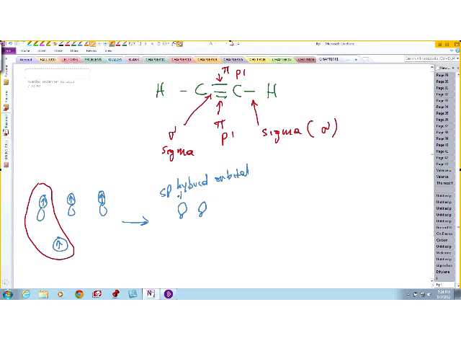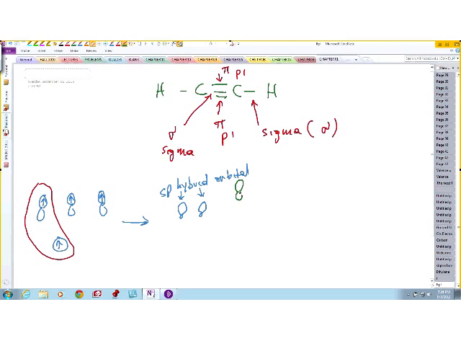From two sp hybrid orbitals, and then you still have your p orbitals in place.